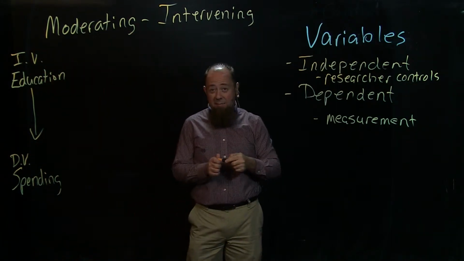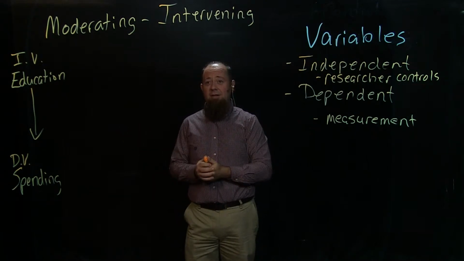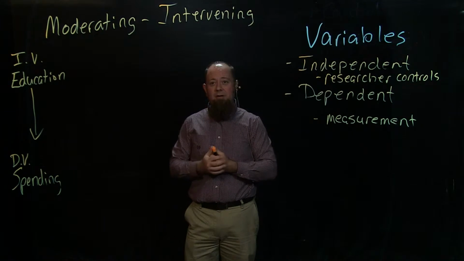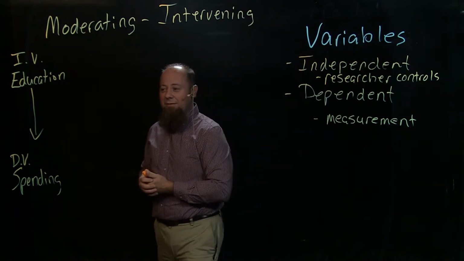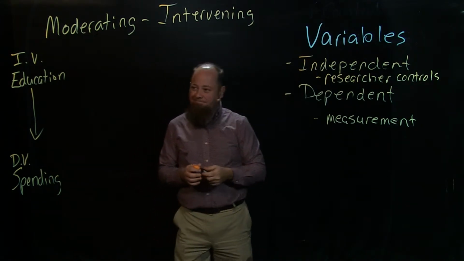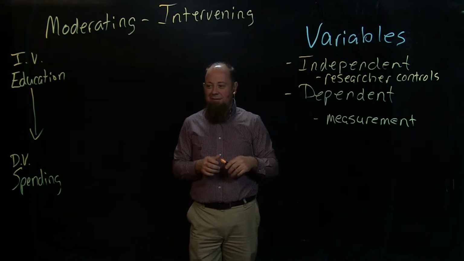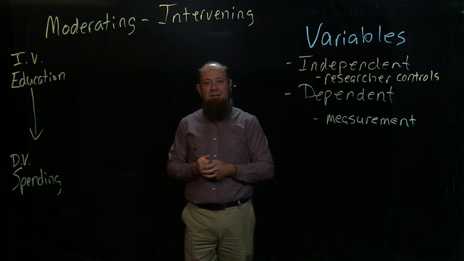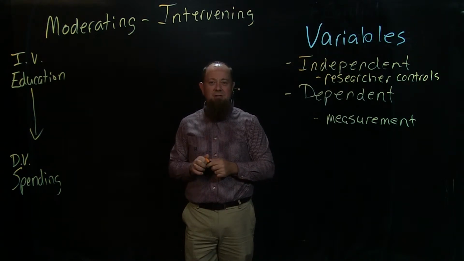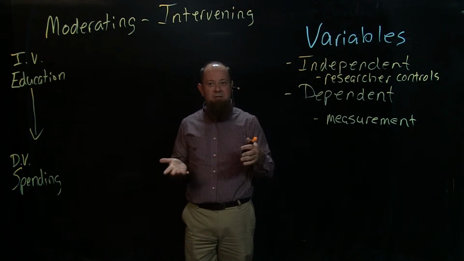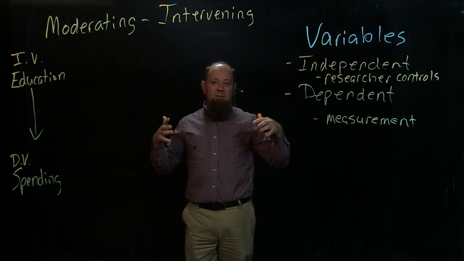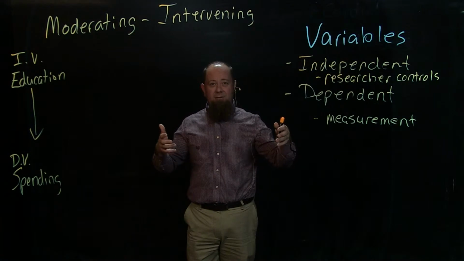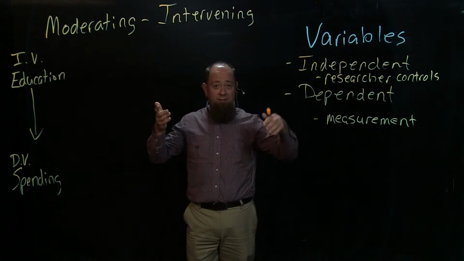I would guess that there is a relationship between education levels of people in our country and their spending habits. But education doesn't necessarily cause spending, and so you can't say that it's a cause and effect relationship, even though it may be a relationship, which is described as a correlation: as one increases, the other increases, or as one decreases, the other decreases, or as one increases, the other decreases.